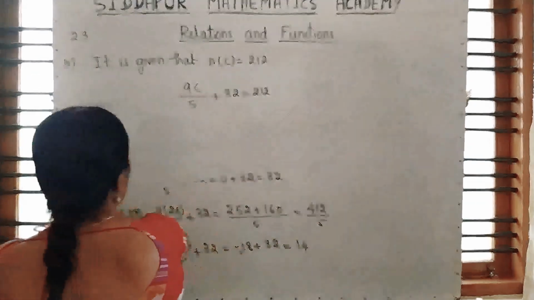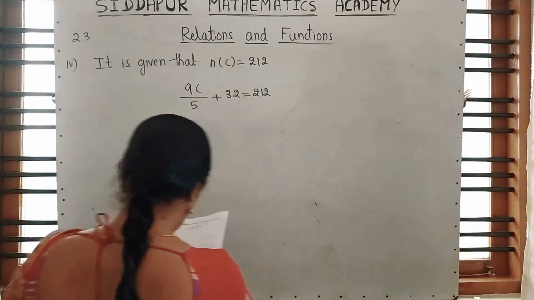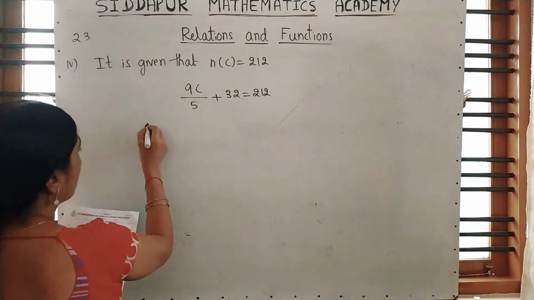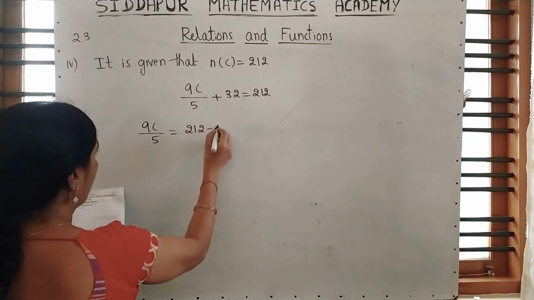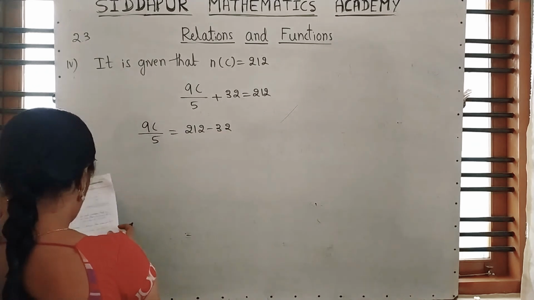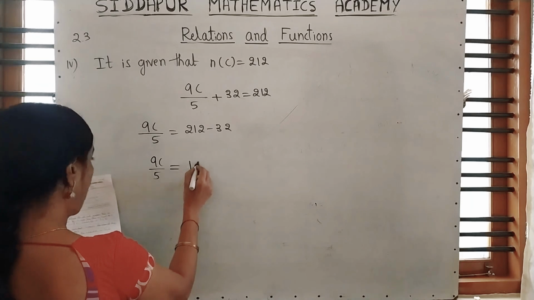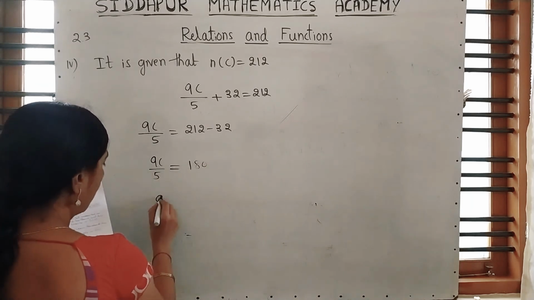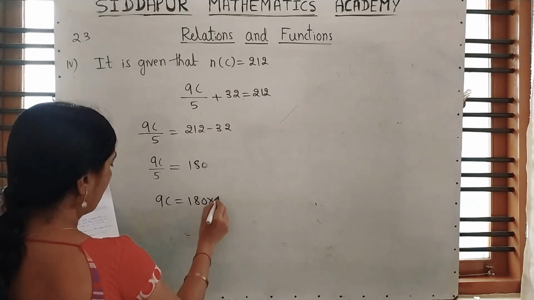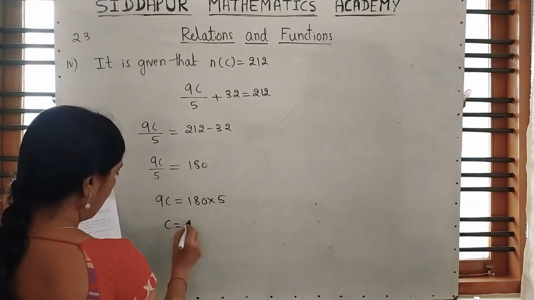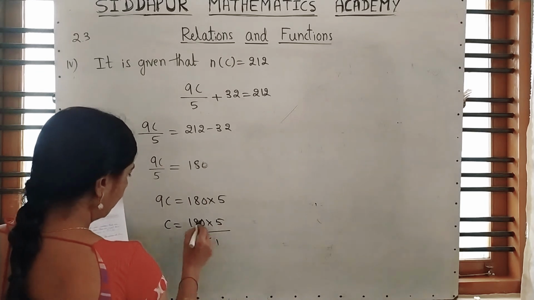Answer of C. Write down the term with C and without C on one side. It is 212 minus 32. That is 9C upon 5 is 180. Then what is 9C? 9C is equal to 180 into 5. Taking 5 on that side, C is 180 into 5 upon 9.